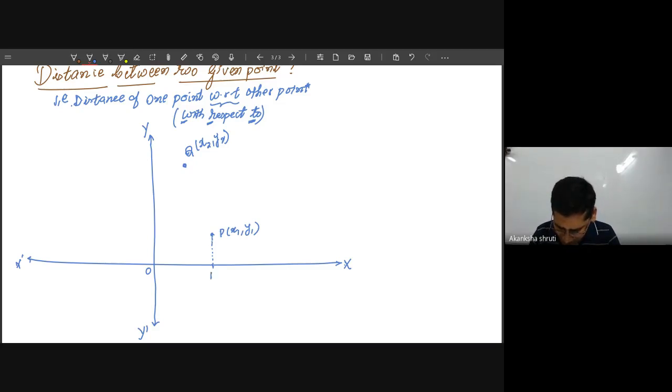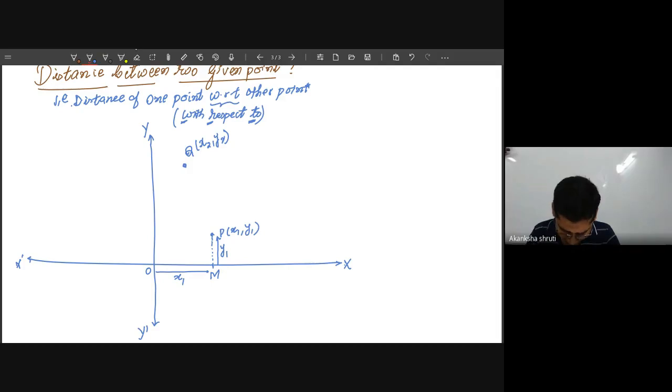Let us call this M. So in this case, OM is our x1 and MP is our y1. For convenience, I have taken these 2 points in the first quadrant. You are free to take any quadrant. Even if you take P in the first quadrant and Q in the second quadrant, the formula will remain the same. So the sign is important, and whatever the sign is, you have to take care of it.